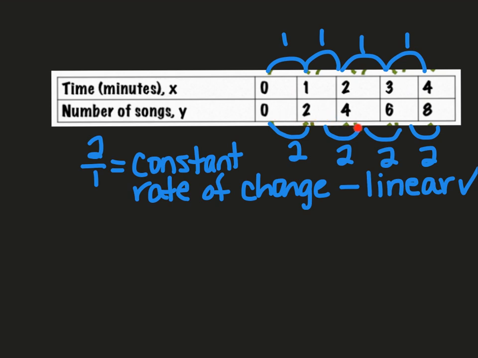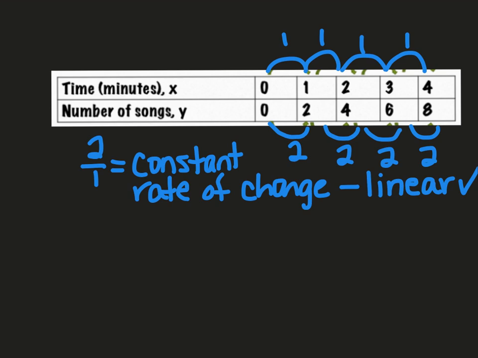That's why we have to look at every single one. And then I didn't put them as 4 different fractions because I didn't need to. But if you have to, you will, and then you'll reduce them and see if they have the same rate of change or a constant rate of change. So is this a linear relationship? Yes, it is. So that's the first piece.